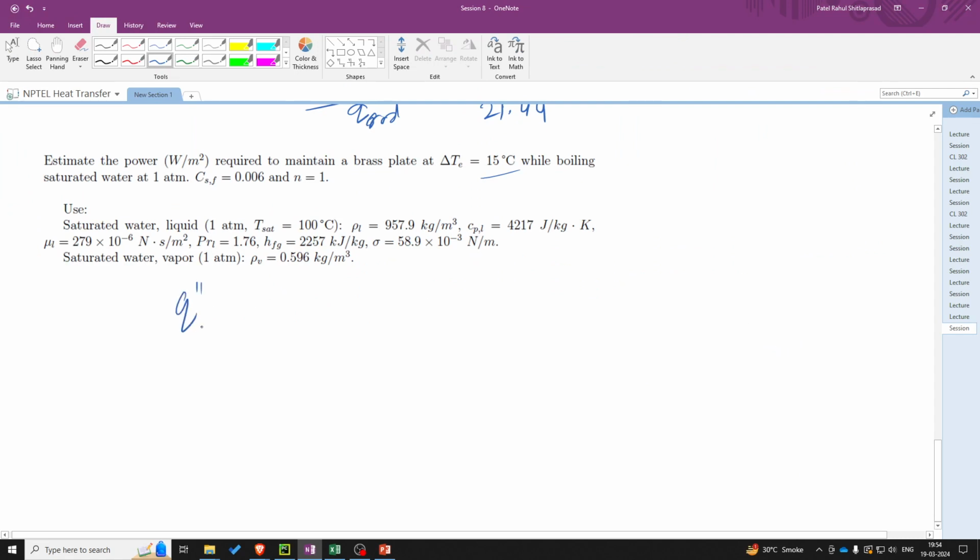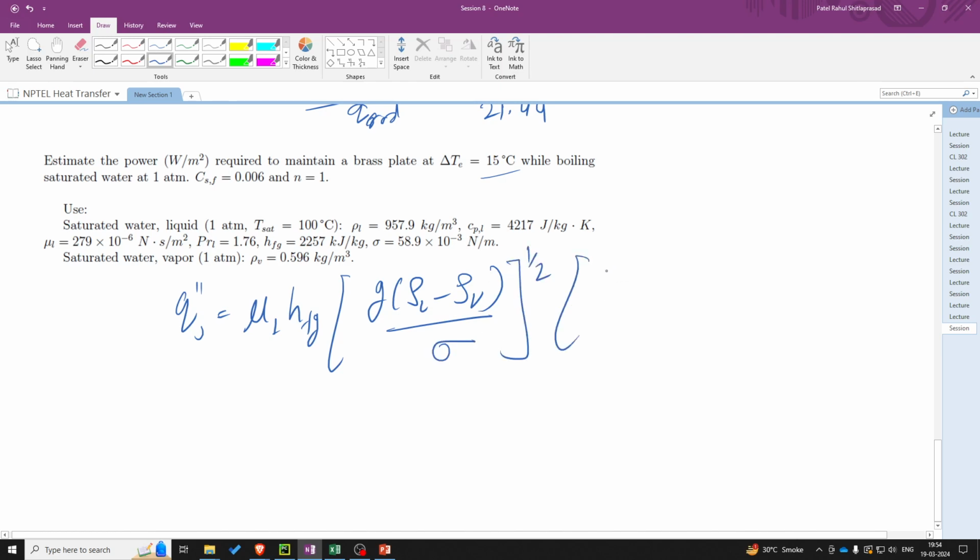That is Q double dash s equals mu L hfg, then g into (rho L minus rho V) upon sigma, to the power 1/2, into (Cp of liquid times the excess temperature delta Te, upon CSF hfg Prandtl number of liquid raised to n), the whole cubed. So using this equation, you can put all those values and try finding the value of power.